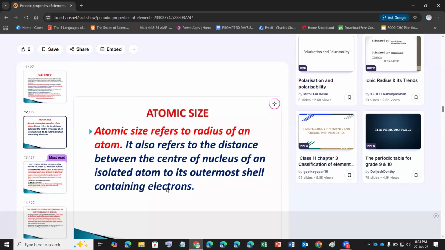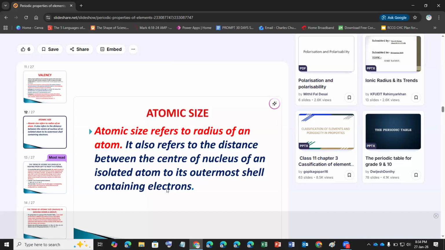They are available for combination or sharing with other atoms. The ones inside are not available.